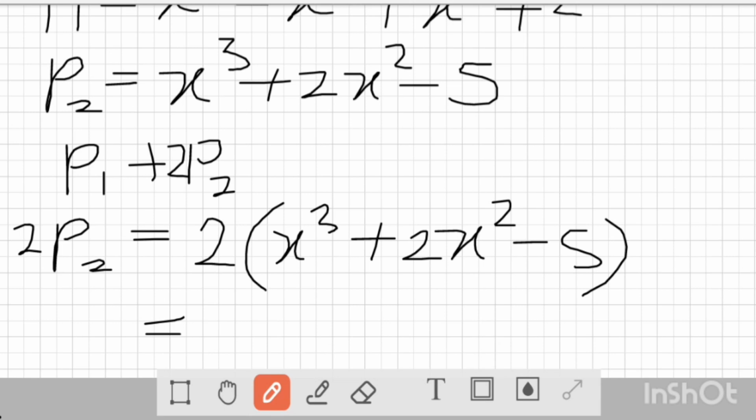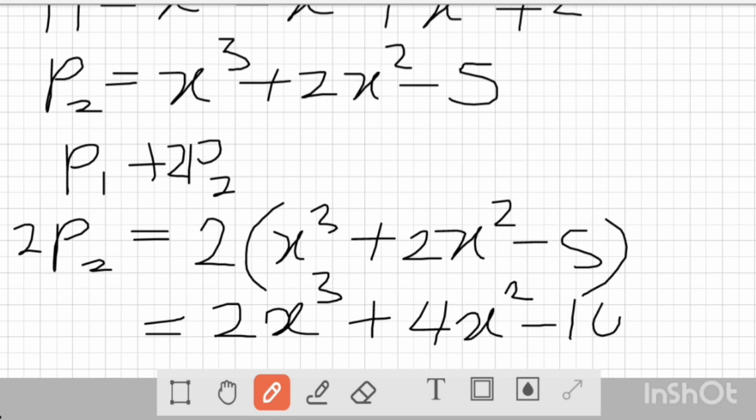We'll first multiply 2 by x raised to power 3. So this gives us 2x raised to power 3 plus multiply 2 by 2x raised to power 2. So here we have 4x raised to power 2. Then 2 times minus 5 is minus 10. Now with this, we have been able to sort out 2P2, which is 2 times the second polynomial.